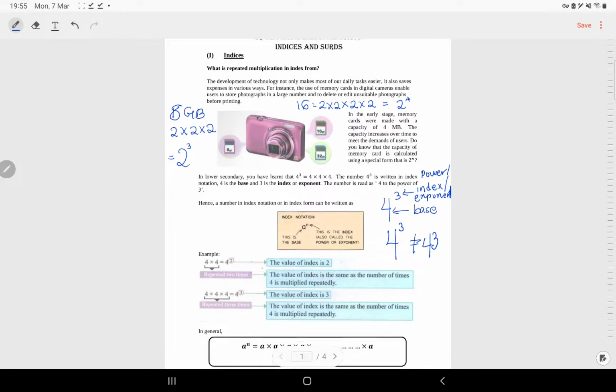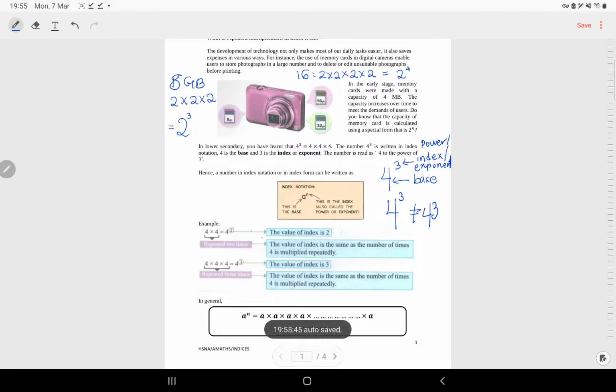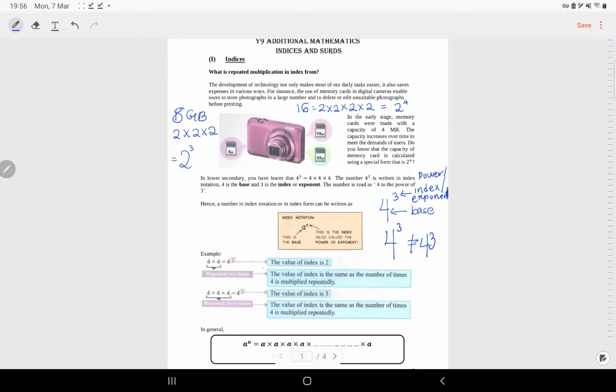Here are a few examples to show that the n increases as you multiply the repeated number. In general, a to the power n is equal to a times a times a, multiplied n times. That was the introduction of indices. You need to learn the notation, and I've also given you a real life situation where indices is used.